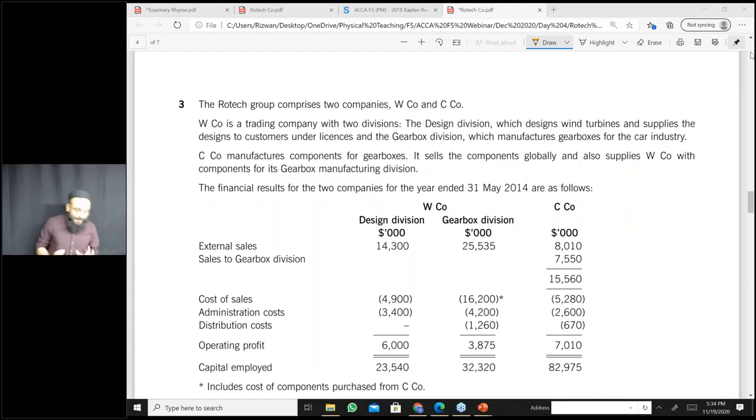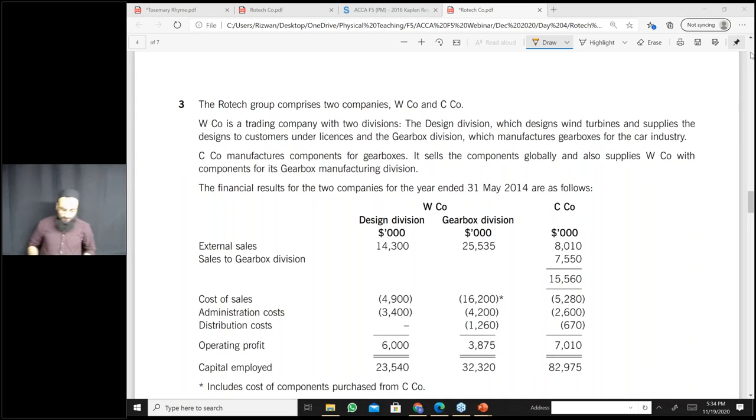So Roadhack is tough. Transfer pricing is tough, and I have done a good analysis on that. I'll tell you the different types of questions that can come on transfer pricing. I've made categories of that. And if you remember my categories of transfer pricing, in the paper you can handle it: okay, this is this type of question, this type of question, and this type of question.